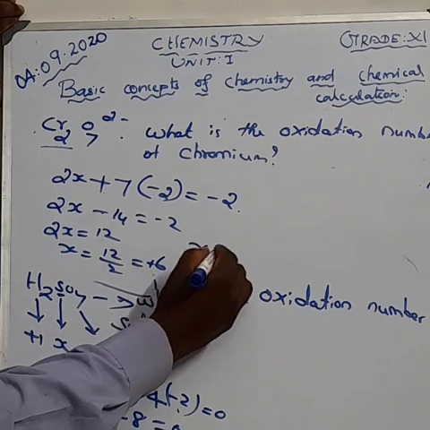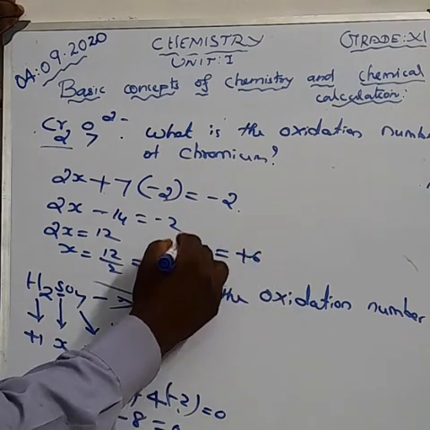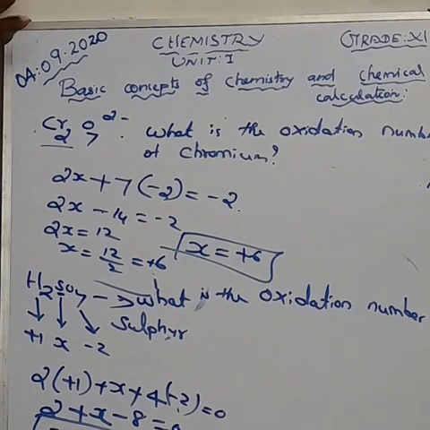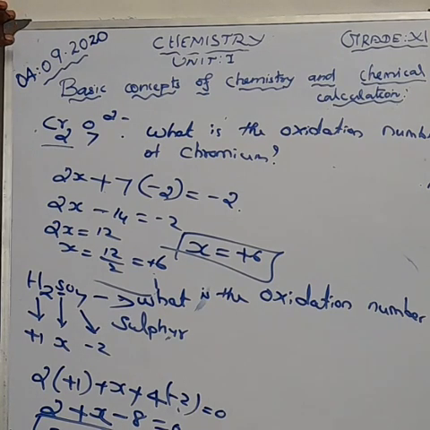What's the value of x? X is equal to +6. This is the oxidation state for chromium, Cr. Can you write? Yes or no? Then the next compound.